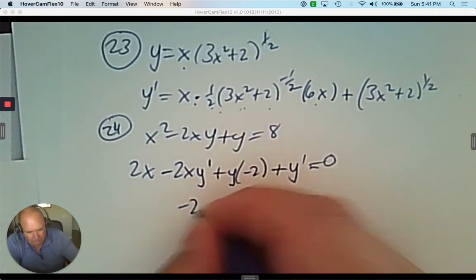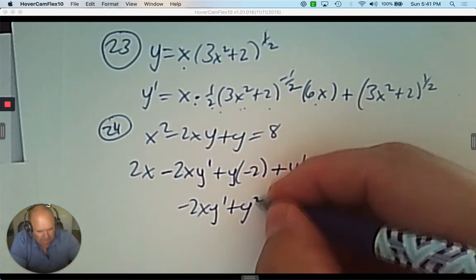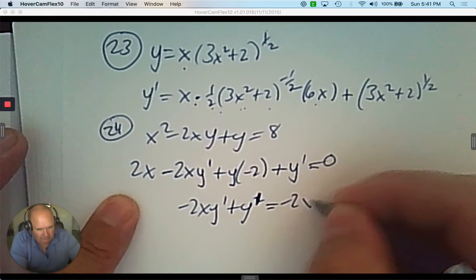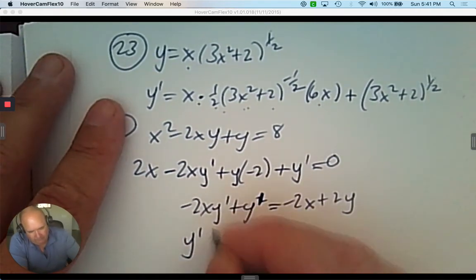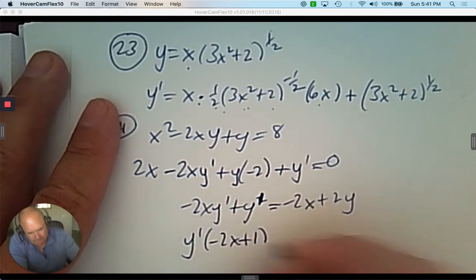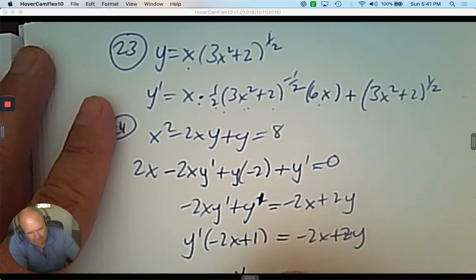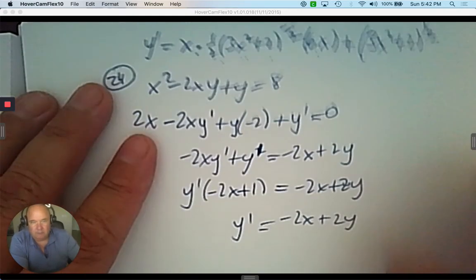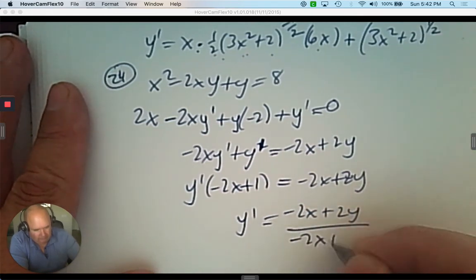If it has a y prime, it stays. Otherwise, oops, that's a y prime. So we're going to subtract 2x, add 2y, factor out y prime, and then divide. So we get -2x plus 2y divided by -2x plus 1.